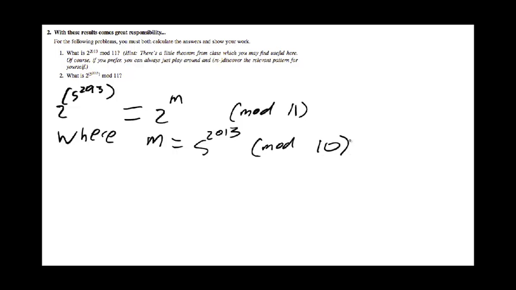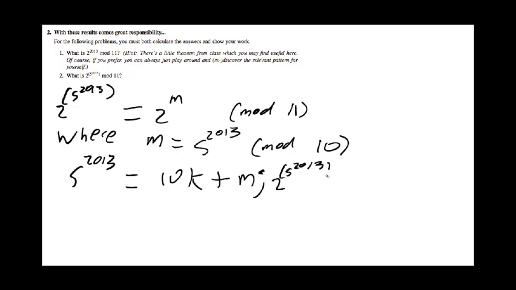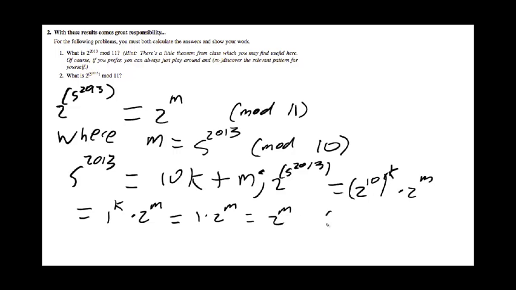This is by the idea from part 1. 5 to the 2013 is something times 10, let's call it k, plus that remainder, m. So 2 to the 5 to the 2013 is 2 to the 10 to the k times 2 to the m, which is 1 to the k times 2 to the m in mod 11 land, which is 1 times 2 to the m, which is 2 to the m. Alright, that's just the same idea from part 1.